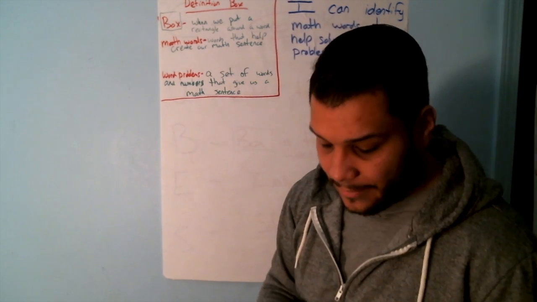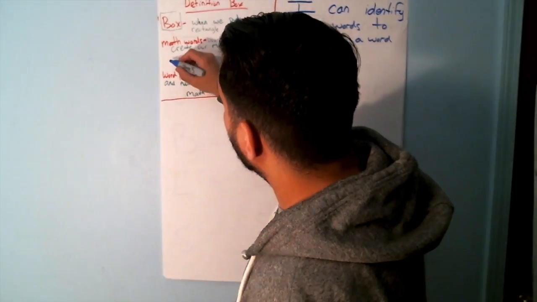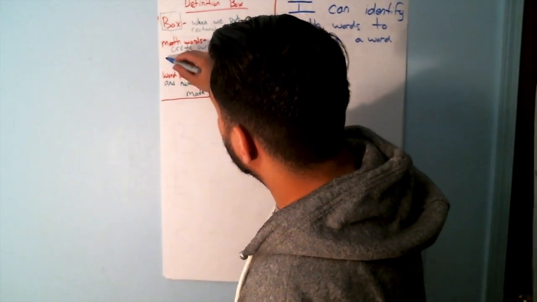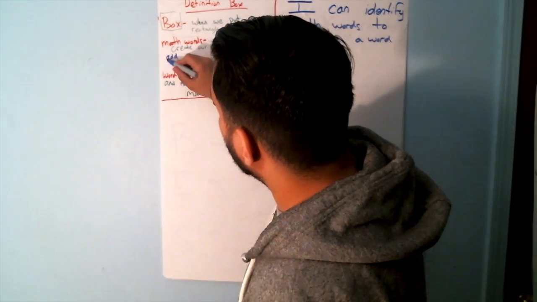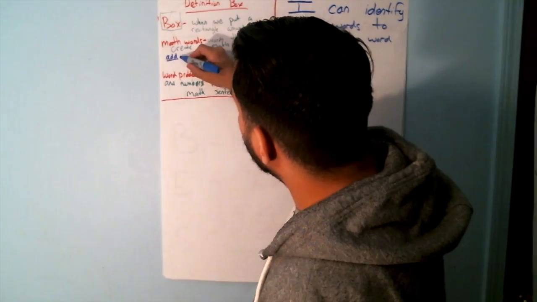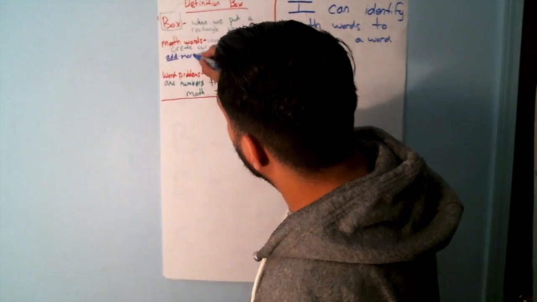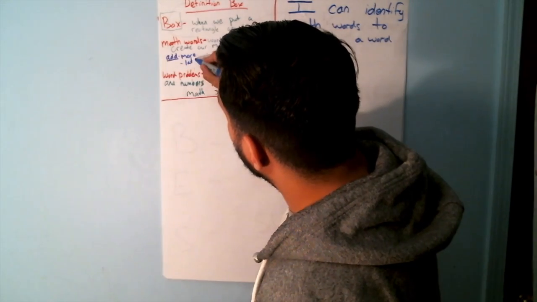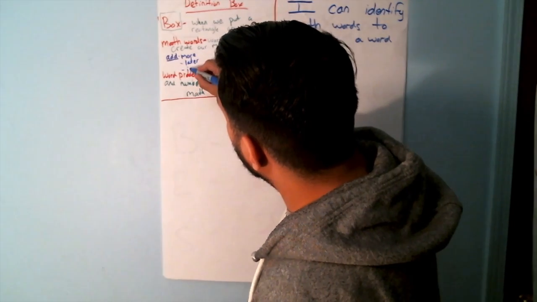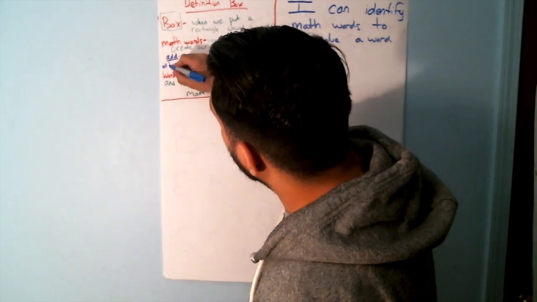Now, some examples of math words are, we'll start off with addition. So adding math words, or words that let us know that we're going to add, we'll write in blue. So that can be more, later, in all, together.